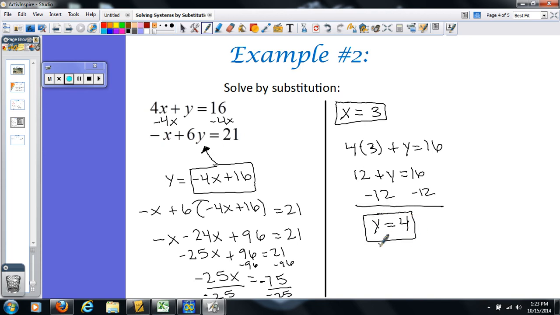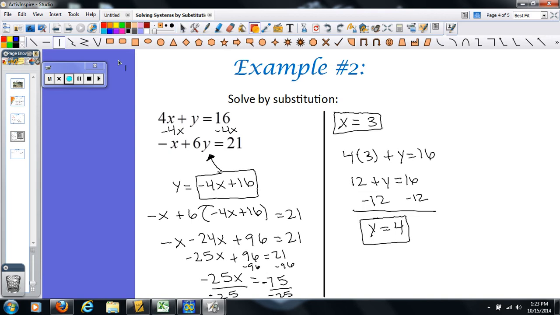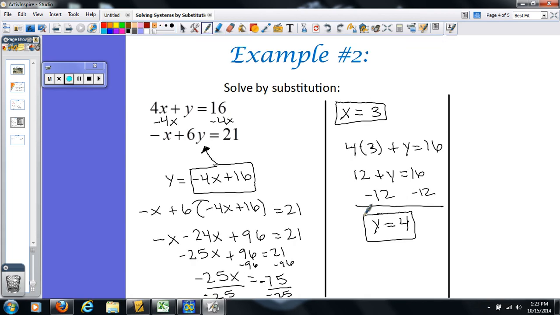Okay? Now, one other thing we're going to address real quick, and this is important because it could help you big time on your tests. So my answer right now is 3 and 4. So now we're going to check our answer.